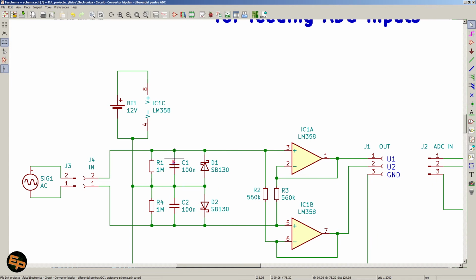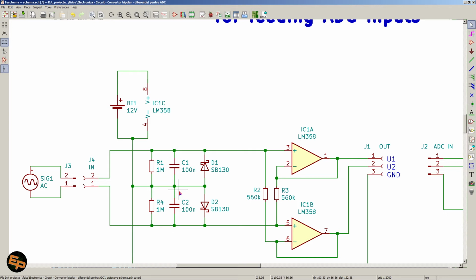And I have also decided to put some capacitors here, in my case 100 nanofarads, but their values will have to be calculated or determined experimentally based on the maximum frequency that you want to have in this circuit. 100 nanofarads can potentially be just a bit too high. In my case it was okay.